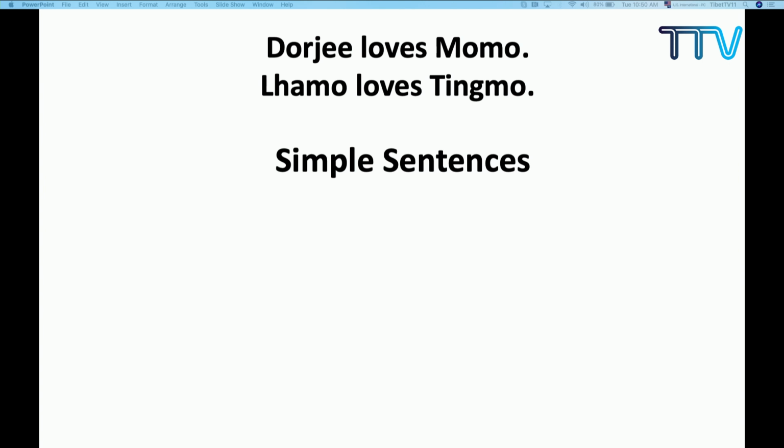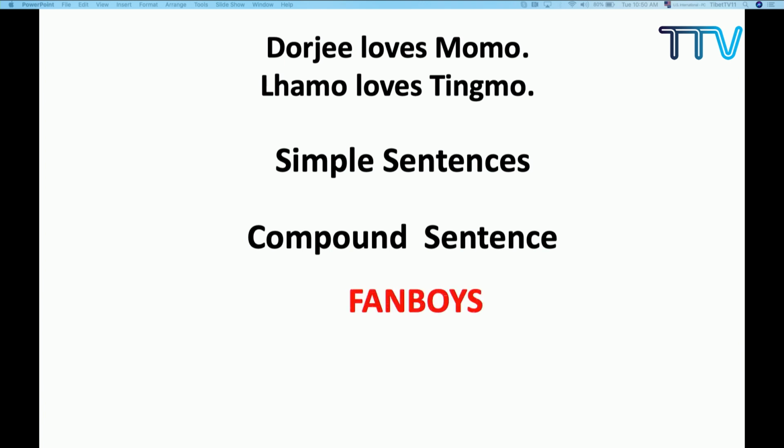If they move on to a higher class, instead of writing so many simple sentences, we can combine them. When we combine, we get the compound sentence.